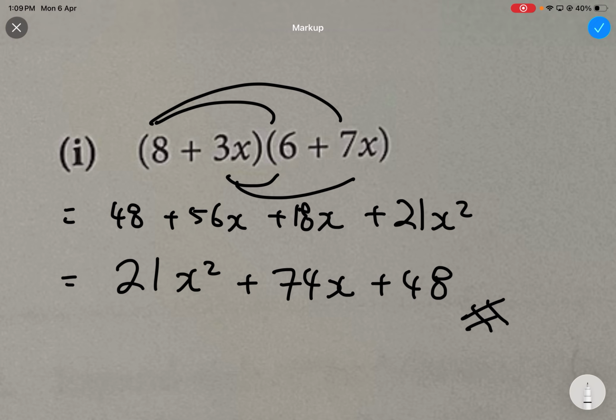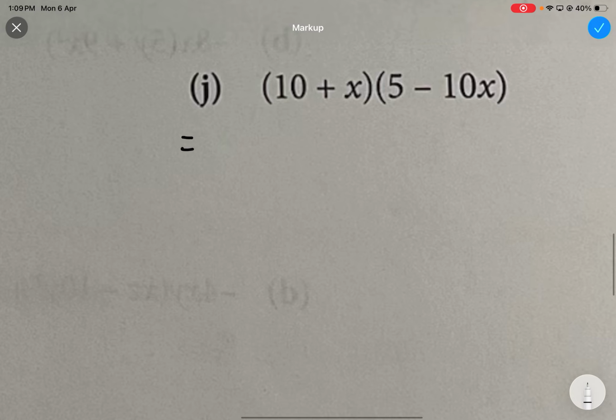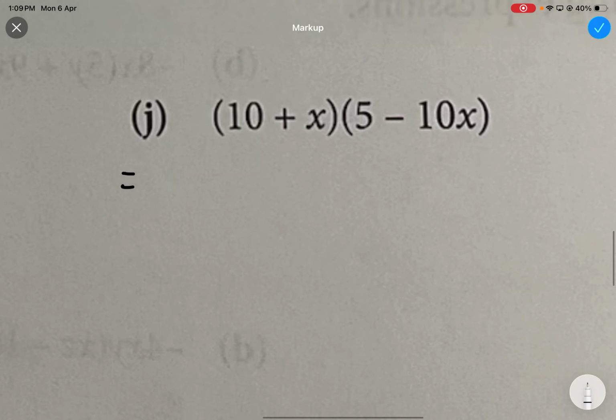Convention. Because everyone writes the same way, next time when you do solving quadratic equations, you will also have this habit of putting x squared, x, number. Just like we put A in front of B. If you put 48 in front, you are correct, just that it is not the common way to write.